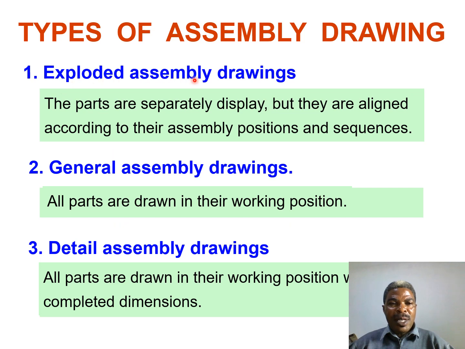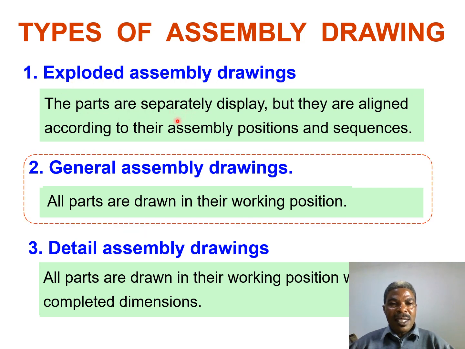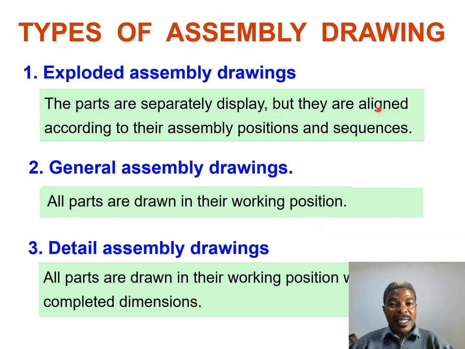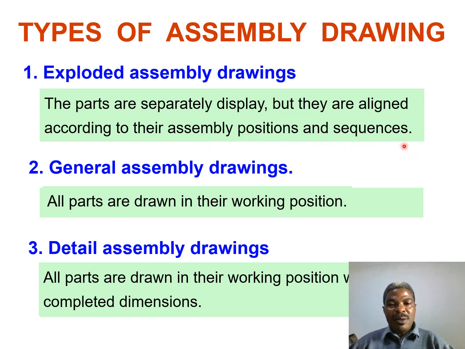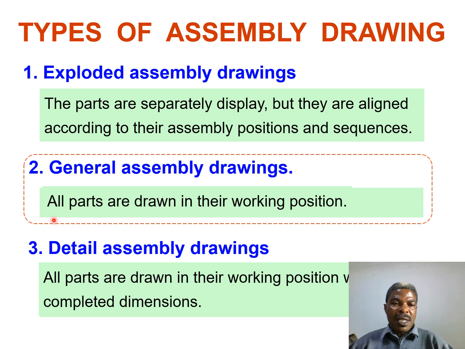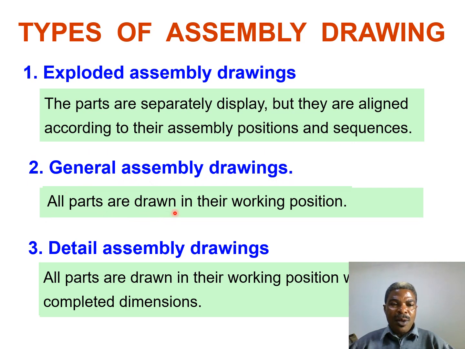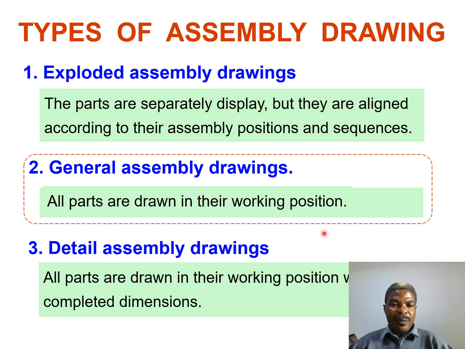The exploded assembly refers to the parts being separately displayed, but aligned according to their assembly: which one comes first and which one follows after being fixed to the motherboard. So you can see here, when it is general assembly drawing, all parts are drawn in their working position. How are they working together?